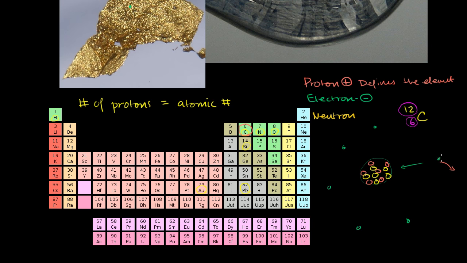So maybe one of those swipes an electron away from a carbon, and then this carbon will have fewer electrons than protons. So it would have 5 electrons and 6 protons, and then it would have a net positive charge. So in this carbon-12, the first version I did, I had 6 protons, 6 electrons. The charge is canceled out. If I lose an electron, then I only have 5 of these, and then I would have a net positive charge. And we're going to talk a lot more about all of this throughout the chemistry playlist.